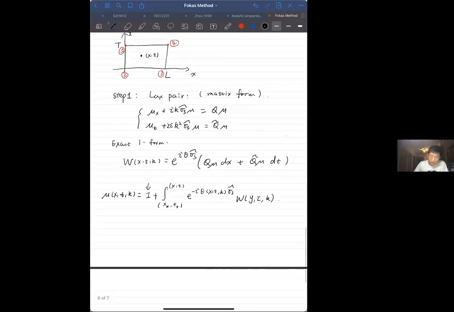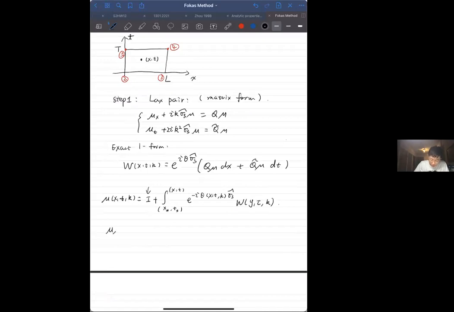Then with the different normalization, mu_j at point P_j is I, you can determine the spectral functions mu1, mu2, mu3, and mu4.